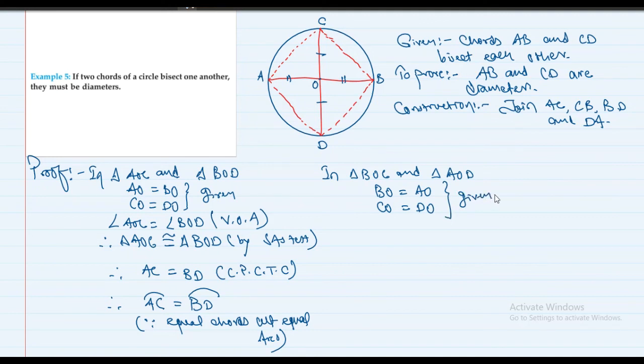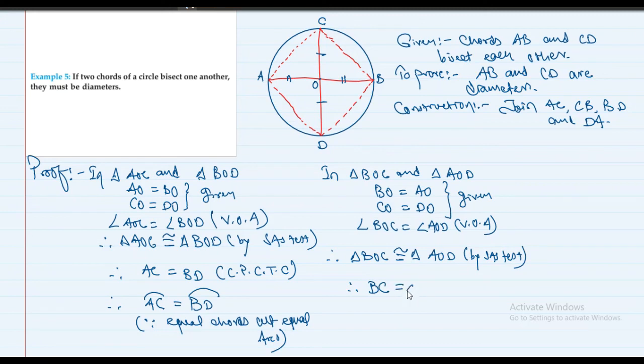Because they are given, the chords bisect each other, and angle BOC is equal to angle AOD, vertically opposite angles, and therefore triangle BOC is congruent to triangle AOD by SAS test, and therefore we can say that BC is equal to AD, by CPCTC.